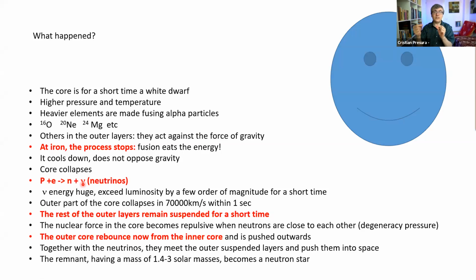Now the electrons become closer and closer to the protons, and they start to fuse. The protons and the electrons fuse, and they give neutrons. That's why we have a neutron star. Neutrons and neutrinos. Neutrinos are smaller particles. And then the neutrinos just fly away.